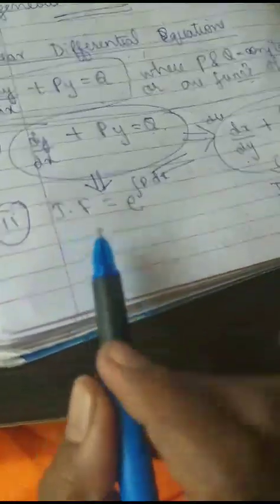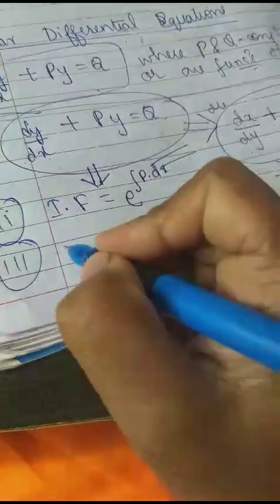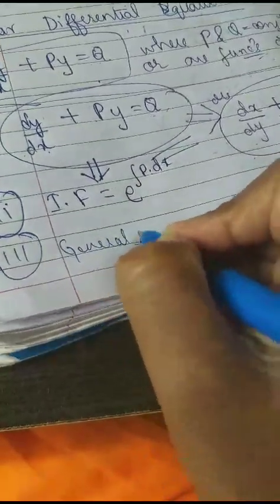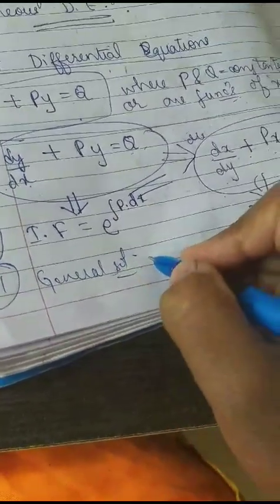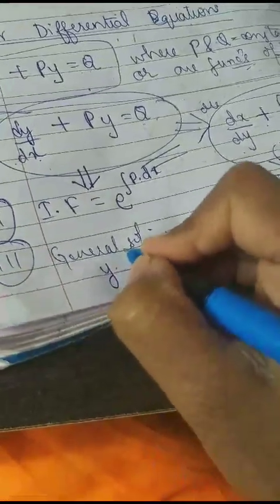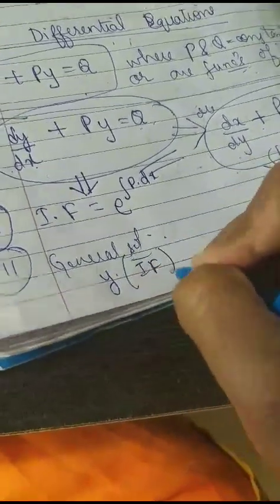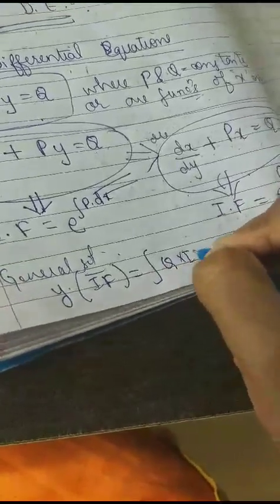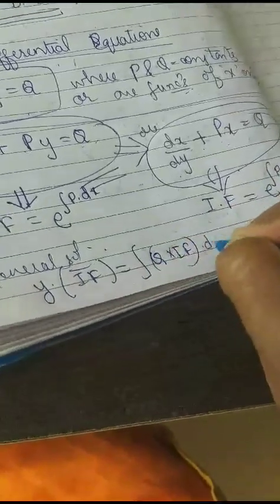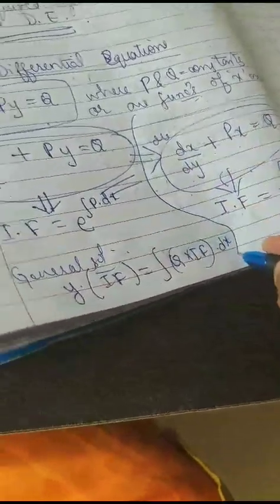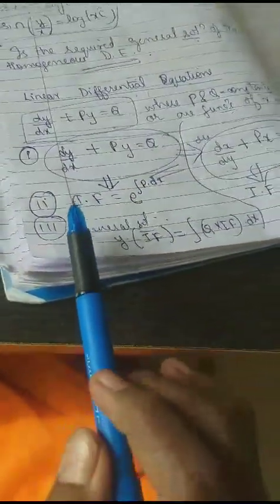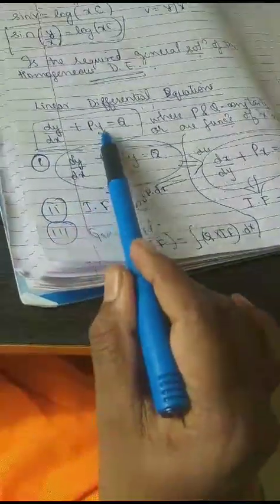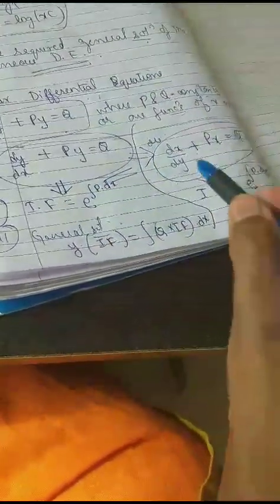Once I'm able to get the integrating factor, my final step will be the general solution of the differential equation, given by y into integrating factor is equal to integration q into integrating factor dx. This is for the differential equation in the form dy by dx plus p y is equal to q.